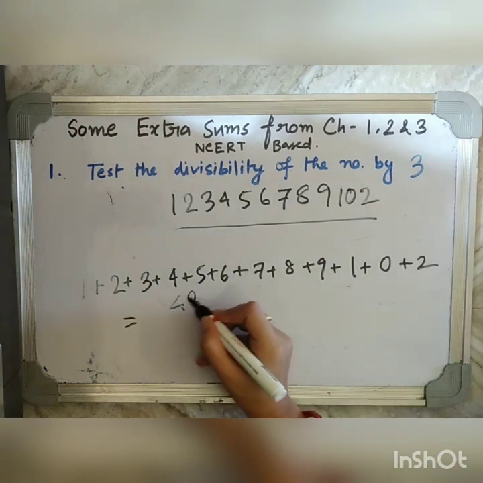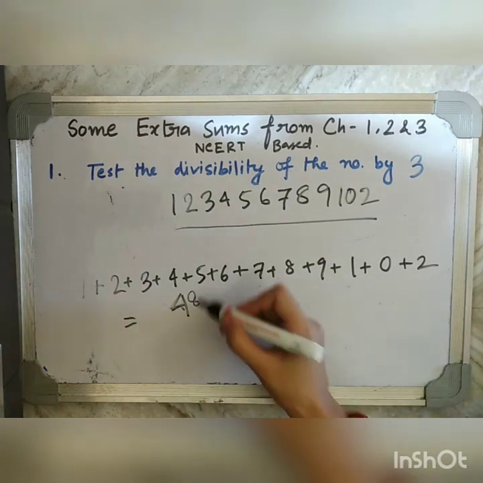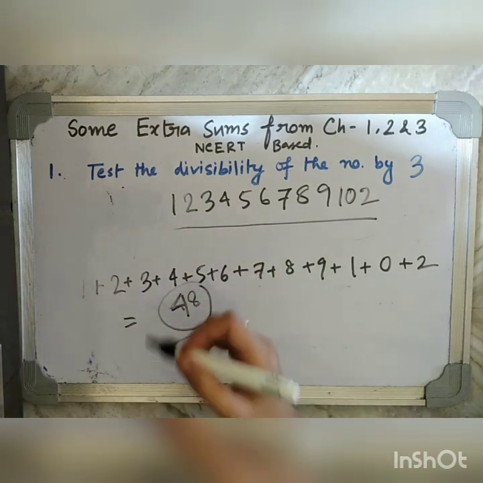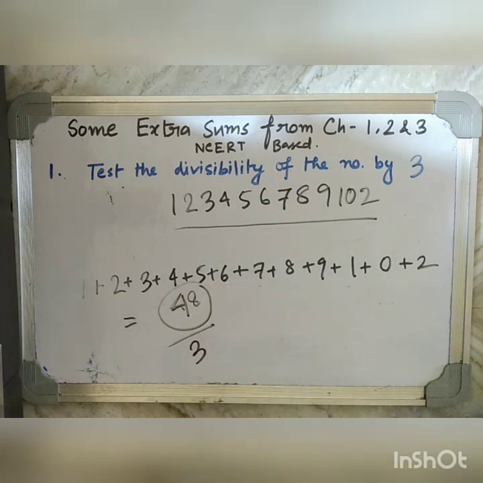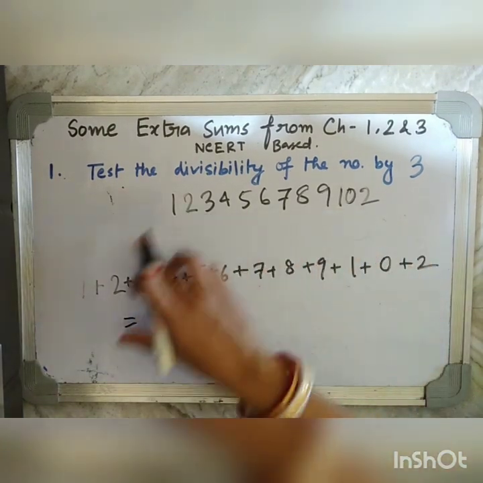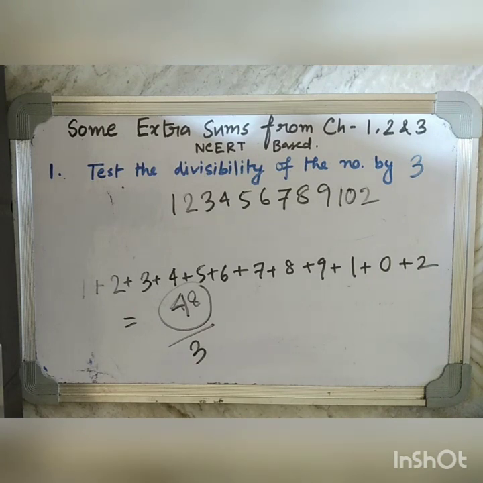And the sum is coming 48. Now this sum will be divided by 3. If it can divide 48, the sum, then we can say the whole number, the entire number, will be divisible by 3.